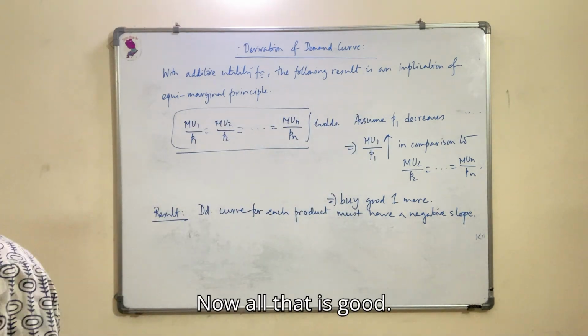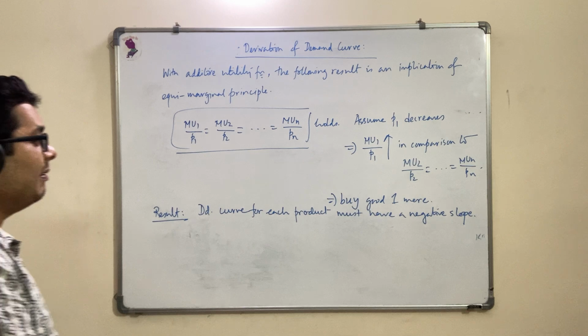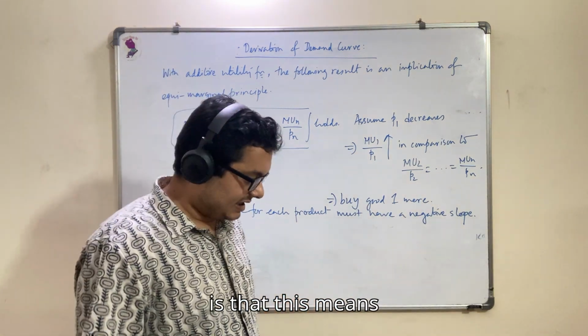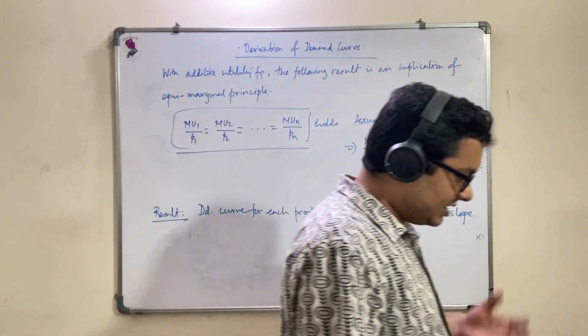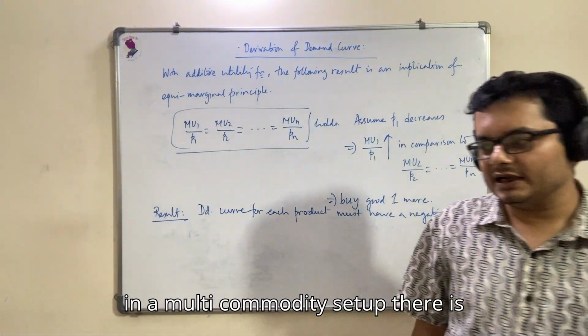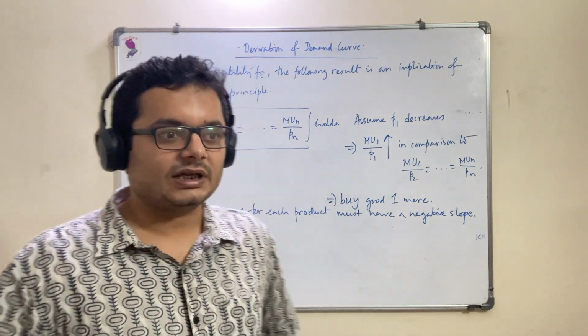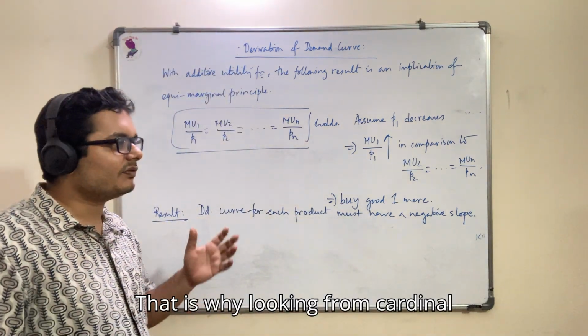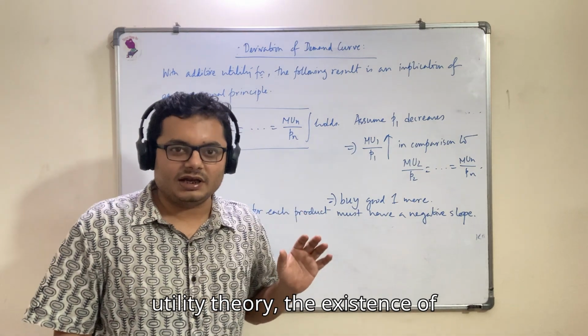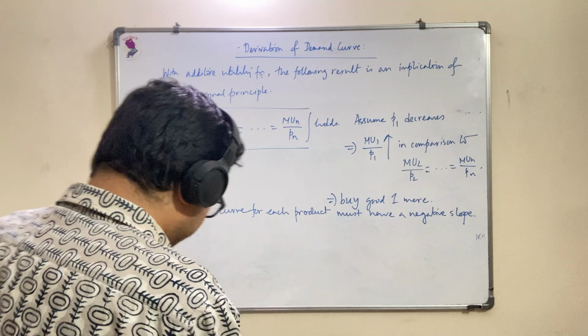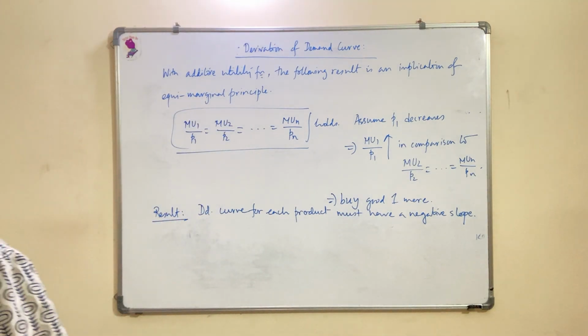Now all that is good, but the problem of this result is that this means in a multi-commodity setup there is no chance of a Giffen good. That is why, looking from cardinal utility theory, the existence of a Giffen good is a paradox. Okay.